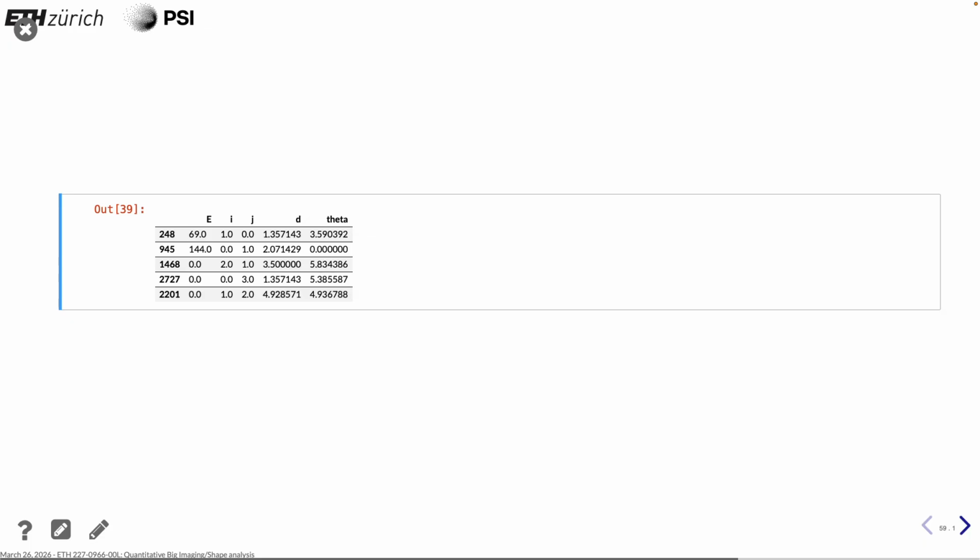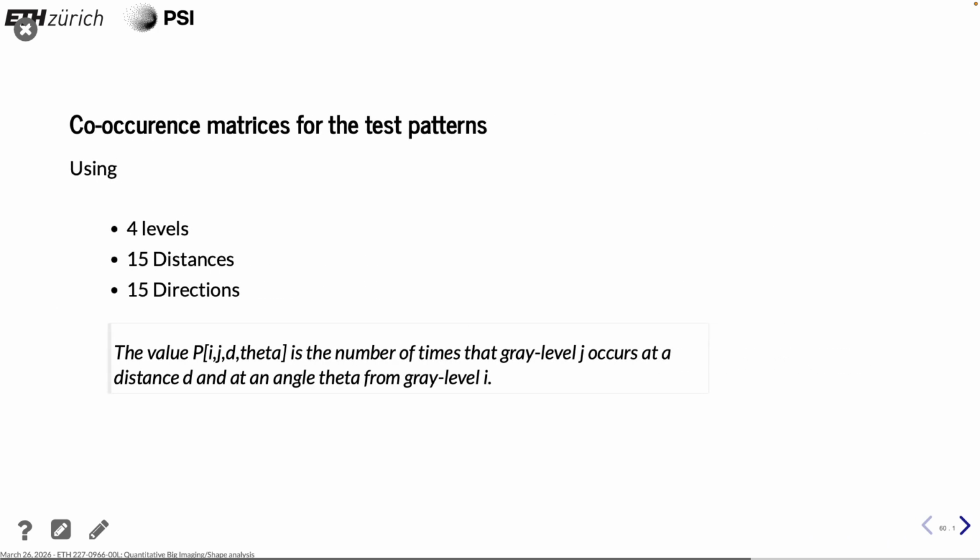So there are different ways of quantifying these matrices. In this case of our different test patterns, we want to test 4 different levels and 15 distances and 15 directions. And already this gives us quite a lot of information to work with.